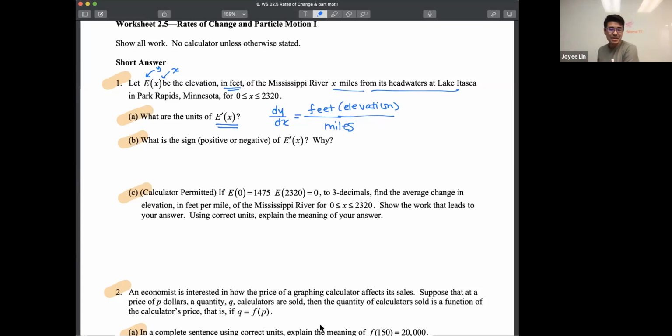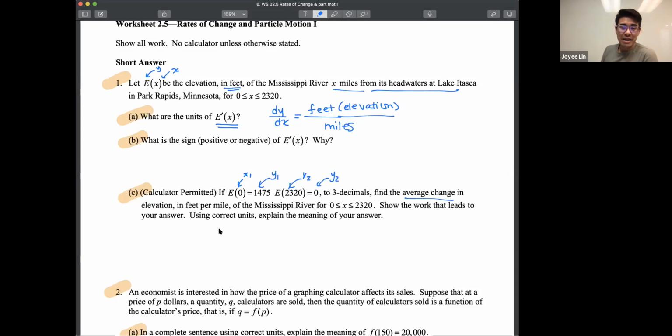And then part C, calculator permitted, but I don't need you to use the calculator. I just need y'all to know how to set it up. It says find the average change. All right, so we can call this one X1 here, right? We can call this one Y1 if you want. We can call this one X2 and Y2.